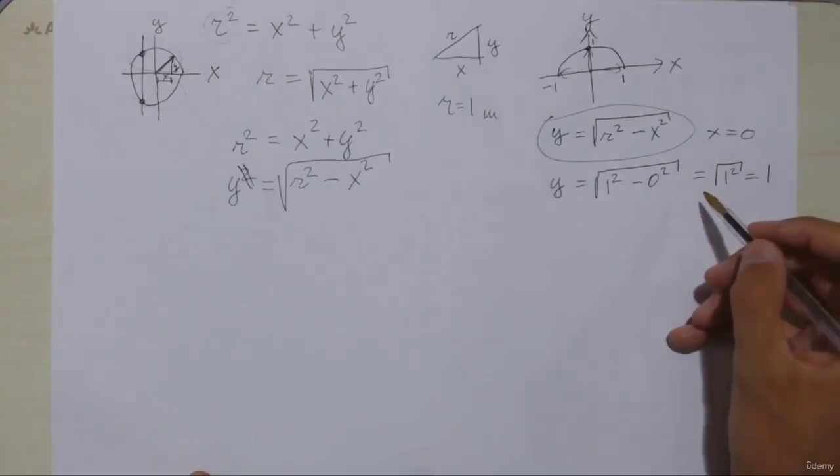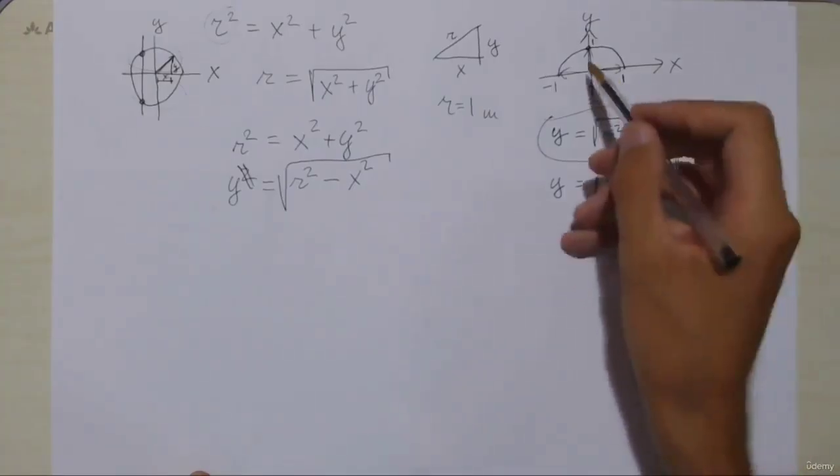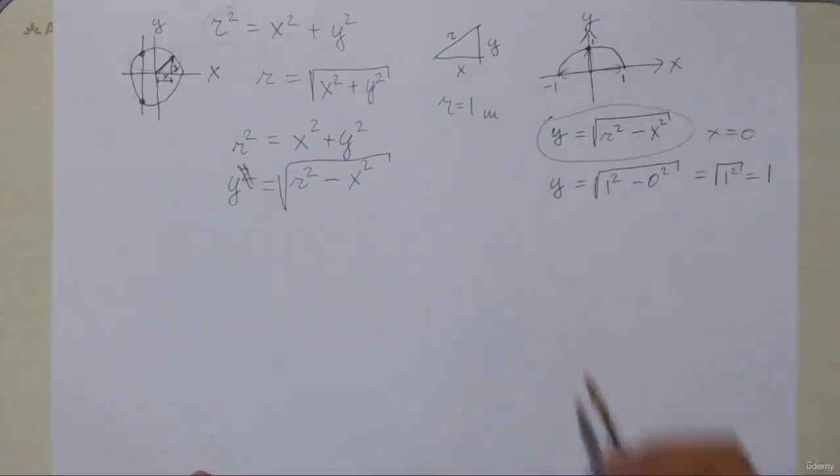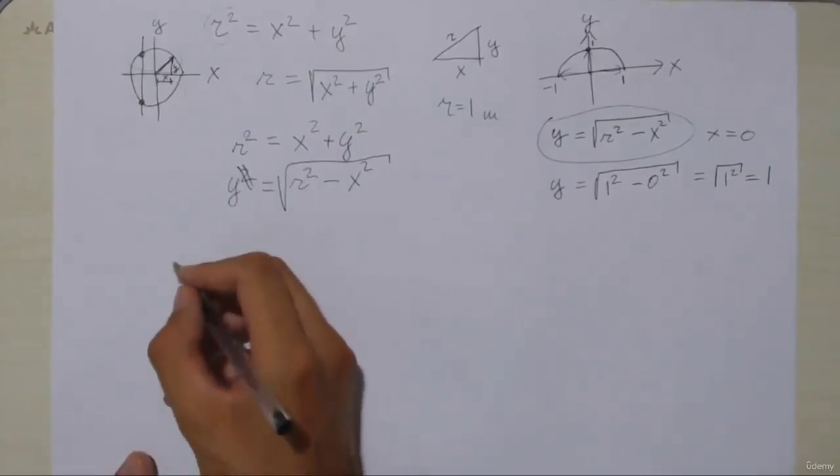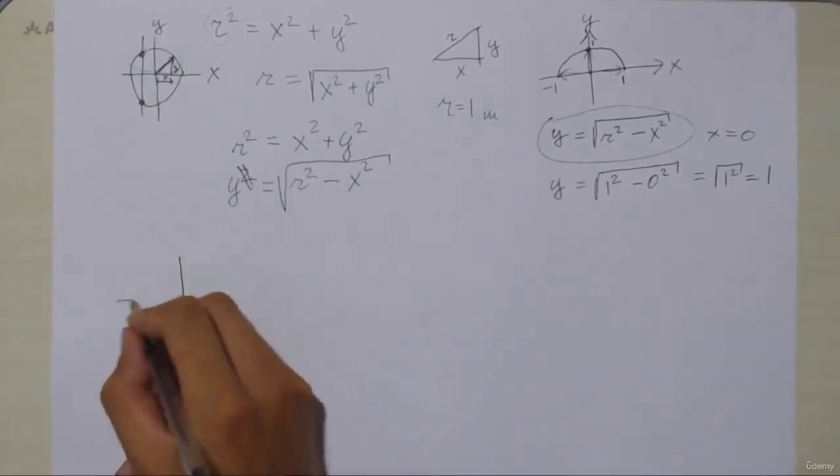So that's one way how you can represent a circle. You would just take one part of the circle, the upper part. However, if you want to represent the other half, then it's very easy.